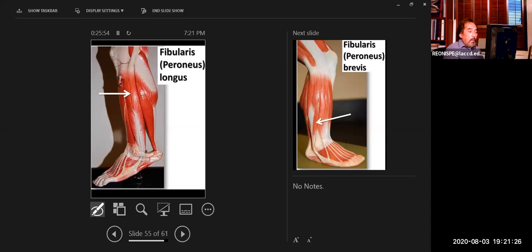So in the lateral compartment, remember the lateral malleolus is your landmark, separating the anterior compartment of the leg from the lateral compartment of the leg here.